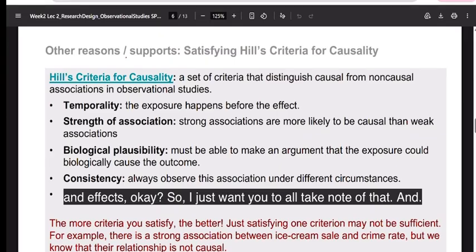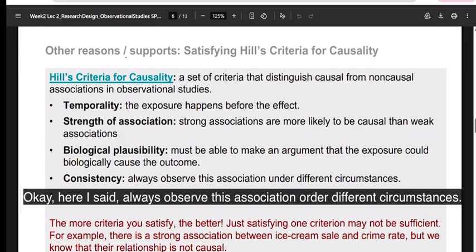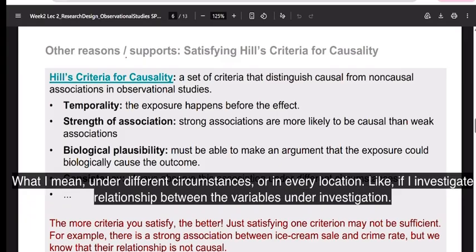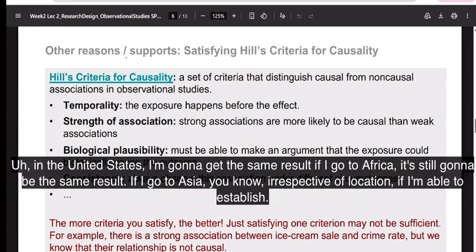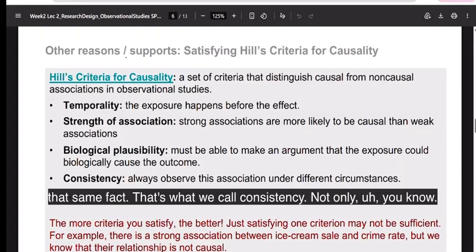And another criterion in the causality criteria is what we call consistency. Here I said, you always observe this association under different circumstances, in every location. If I investigate the relationship between the variables under investigation in the United States, I'm going to get the same result. If I go to Africa, it's still going to be the same result. If I go to Asia, irrespective of location, if I'm able to establish that same fact, that's what we call consistency.